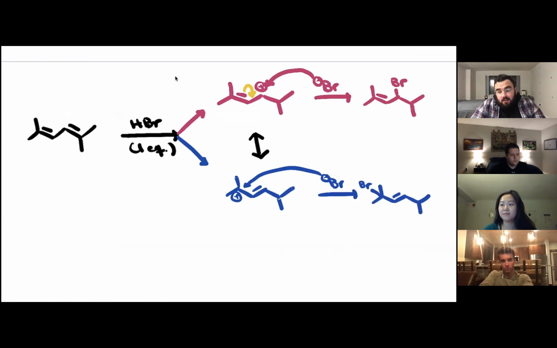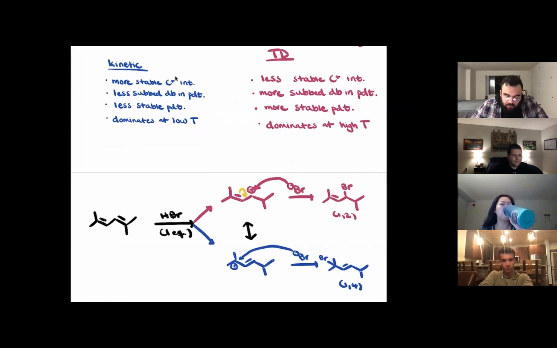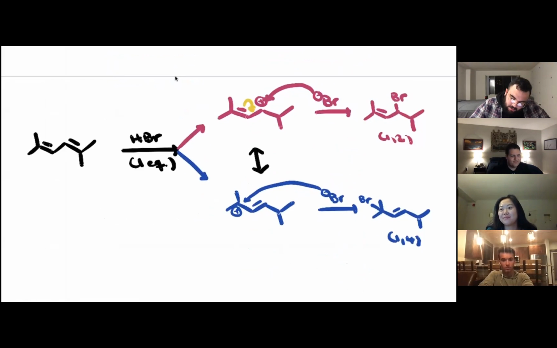And then we end up getting these two products. Again, this one is your 1,2, and then this one is your 1,4. Okay, one of the huge things that you guys see here now is that based off of the criteria that I gave you up here, your less stable carbocation intermediate and your more substituted double bond actually comes from the 1,2. And then likewise, everything else comes from the 1,4. So we see here that 1,2 is thermodynamic and 1,4 is kinetic. Okay, so that's an example of a case where it disobeys the fake laws that are given in the book.